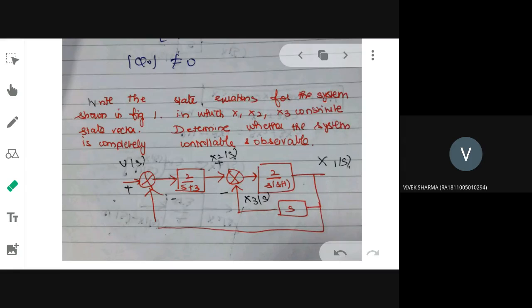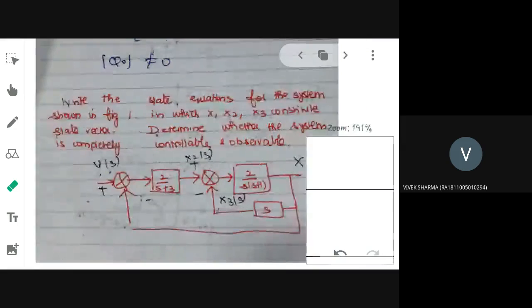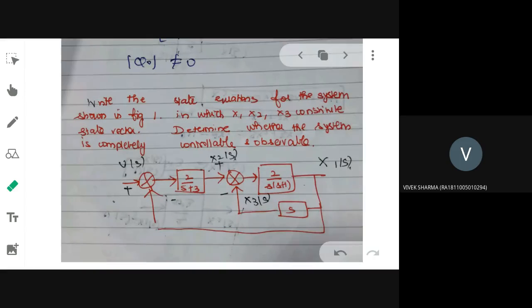Okay. So what is being asked in this question? You tell me. What have they given here? They have given one block diagram representation, that is, a state diagram. Then what have they asked you? They have already given you what variables you have to pick for the state variables.